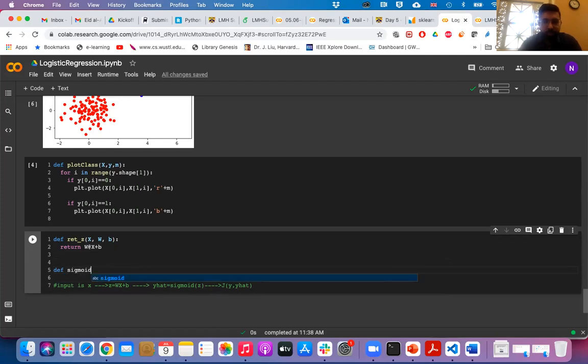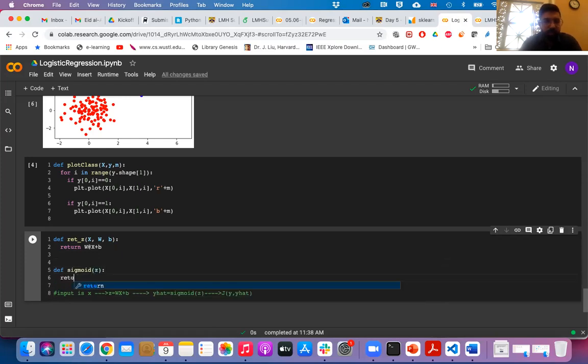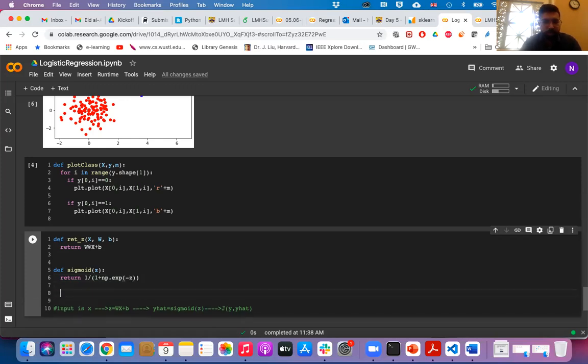Then let's write a function for sigmoid. It takes in a z and it returns 1 divided by 1 plus np.exp of minus z. That's how the sigmoid should be. And lastly, we have a loss function. Let's call it return_loss.